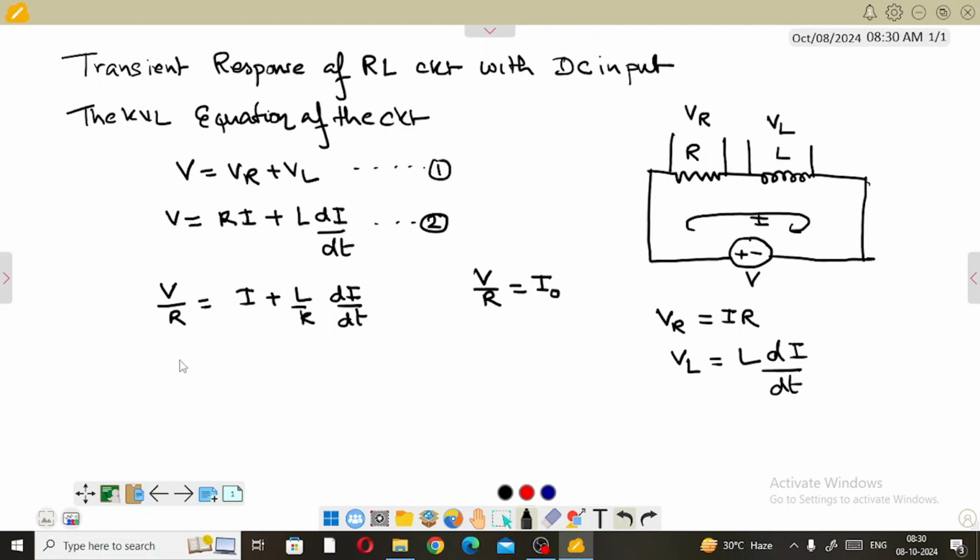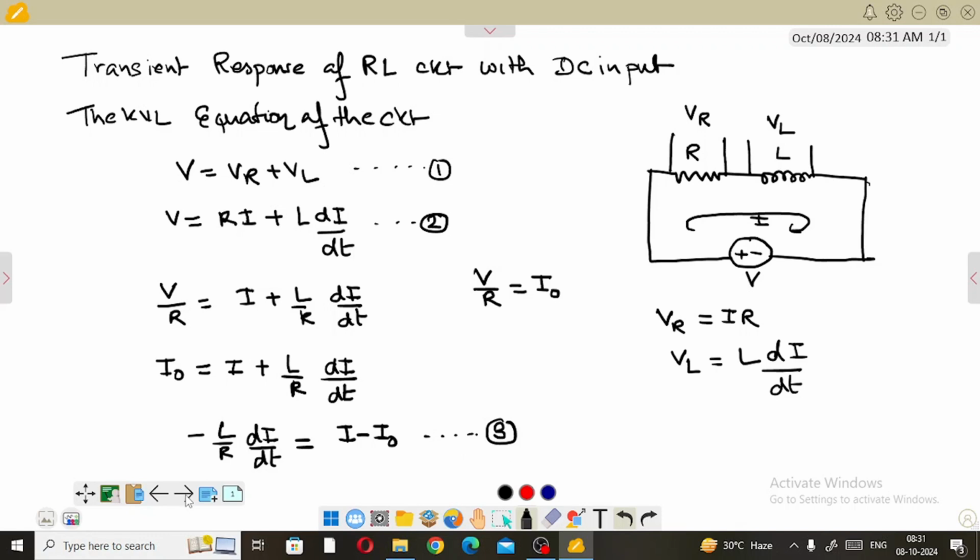So I'll plug this here, and my equation becomes I0 equals I plus L by R di by dt. So I will take this I0 this side and this one that side, so I get minus L by R di by dt, which is equal to I minus I0, and that equation gives me equation number 3.